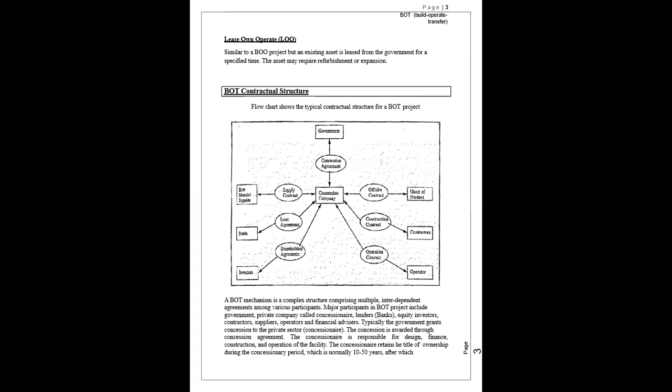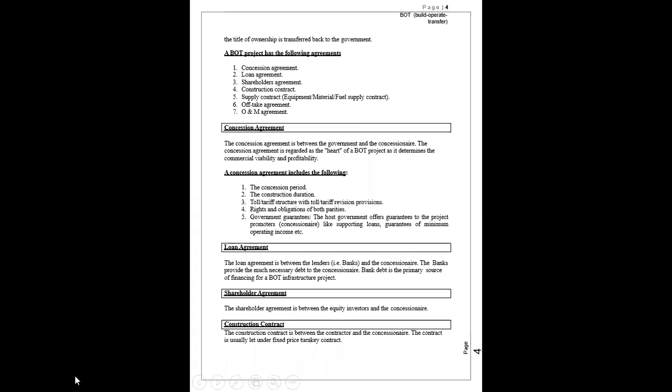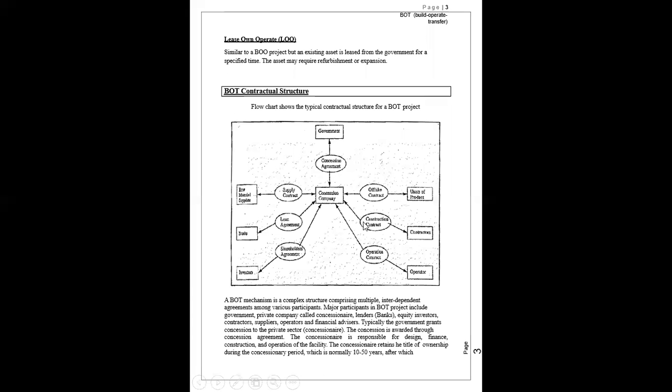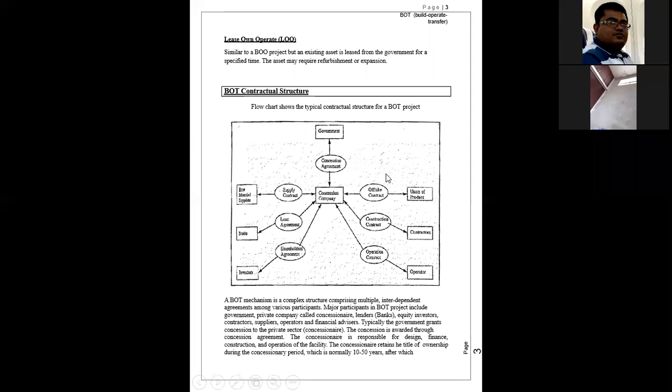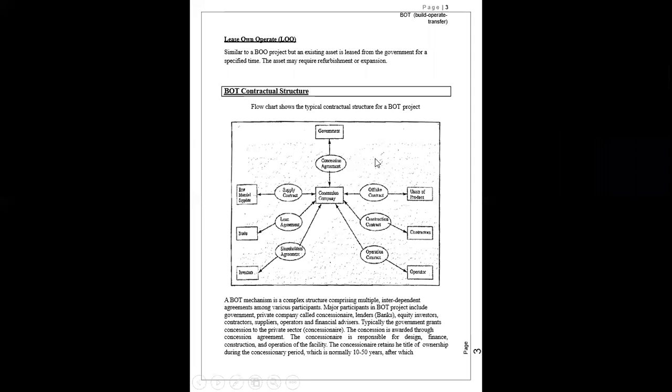So from center, these arrows are shown, okay, to upward and downward direction. Then this construction or concession company can make the supply contract to raw material supplier.